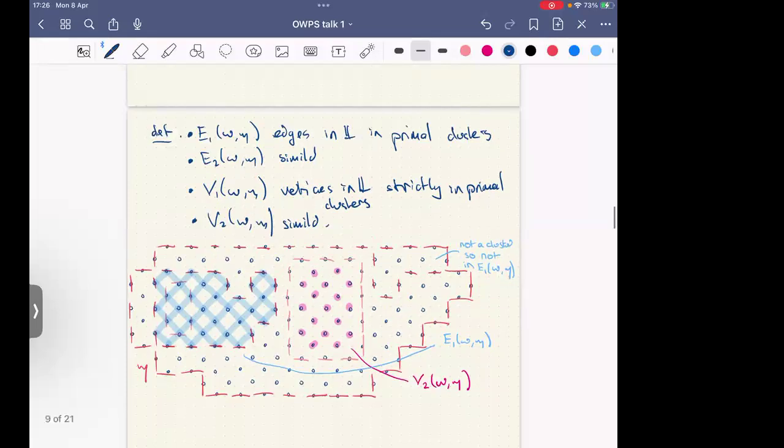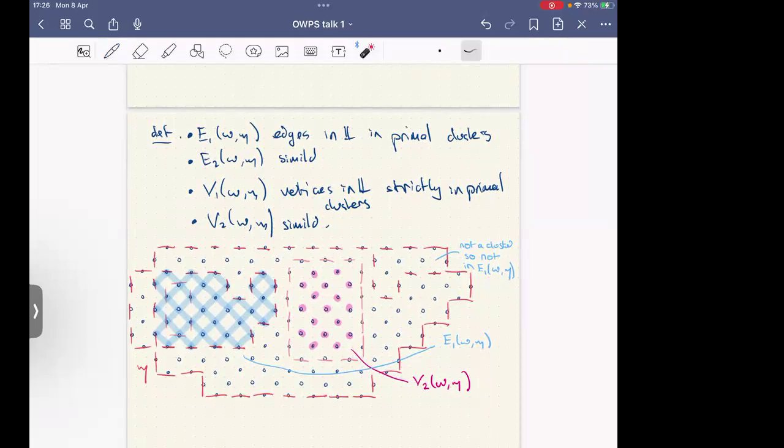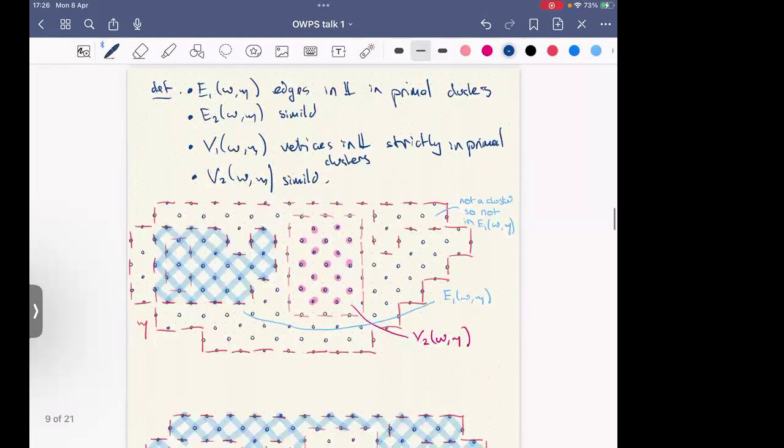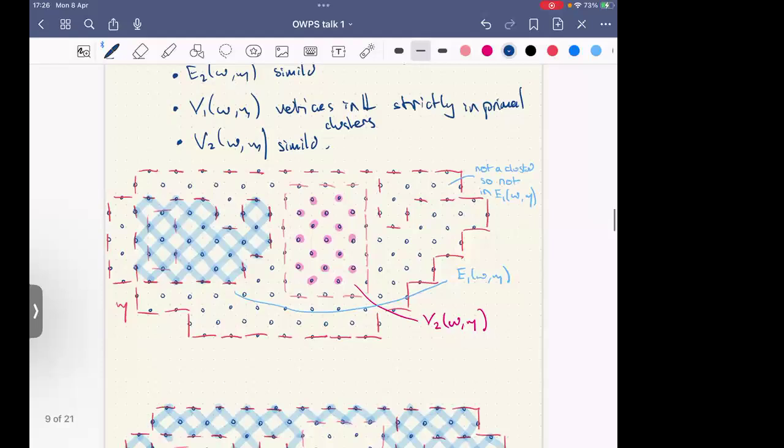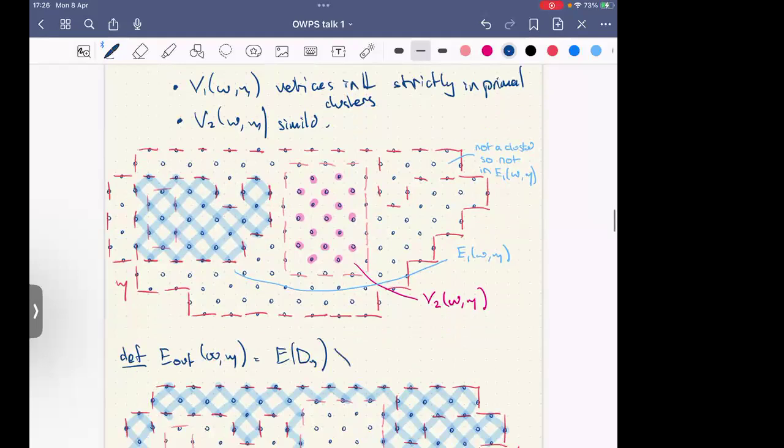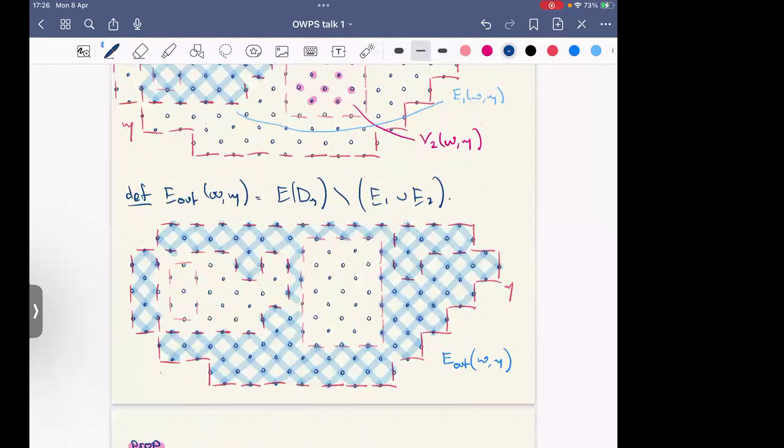Here's a nice drawing. On the left, we've got E1, the edges of L which are contained in the primal clusters. And here's V2, the vertices strictly in dual clusters. Now the space outside the clusters is what we're interested in. So let's define E out of gamma omega to be just the edges inside gamma, take away E1 union E2. So that's what this looks like in this setup.